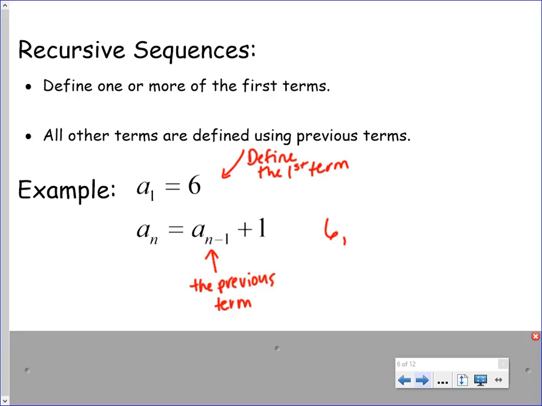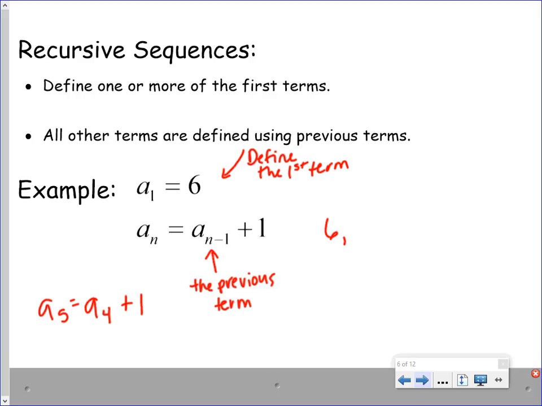So, like, if I wanted to know A sub 5 in this formula, I would need to know A sub 4, and I would add 1. In order for me to know A sub 4, I would really need to know A sub 3. In order to know A sub 3, I would need to know A sub 2, and in order to know A sub 2, I have to know A sub 1.